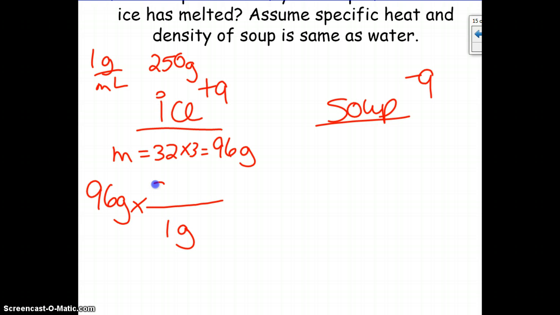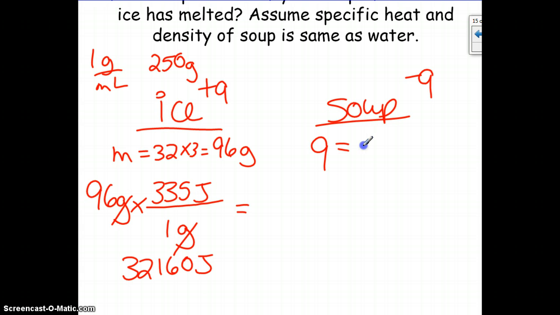If you just go ahead and set up your conversion factor, grams will cancel, and you will get 32,160 joules is how much energy it's going to take to melt that amount of ice. So we know that the amount of energy that the ice absorbs is the same as what the soup released or lost. Now we know our Q for our soup, but remember it's negative because our soup is going to lose energy.